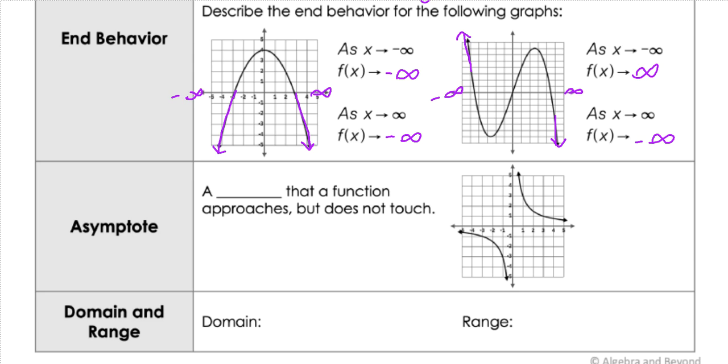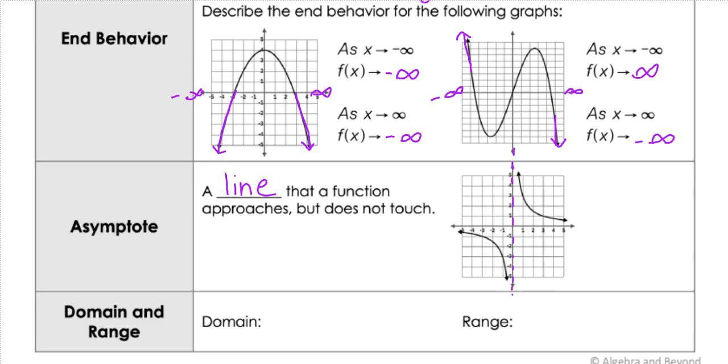Another thing that may show up on some functions is something called an asymptote. This is a line that a function gets really, really close to. It approaches it, but it never actually touches it. If we look at that graph we saw earlier that we said was not continuous, that's because it has this imaginary line.